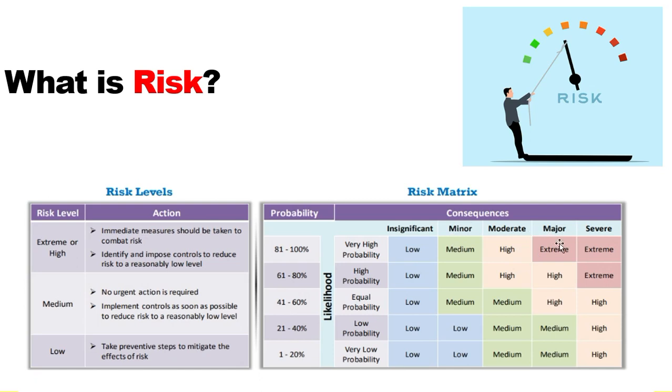You may lose everything. Based on that matrix, the risk assessment is done, and after the assessment, the matrix helps the company, or those of us who manage the environment, to take appropriate action: how to mitigate, what to take care of first and what to do a little later. So that is what risk, risk level, and risk matrix are all about.